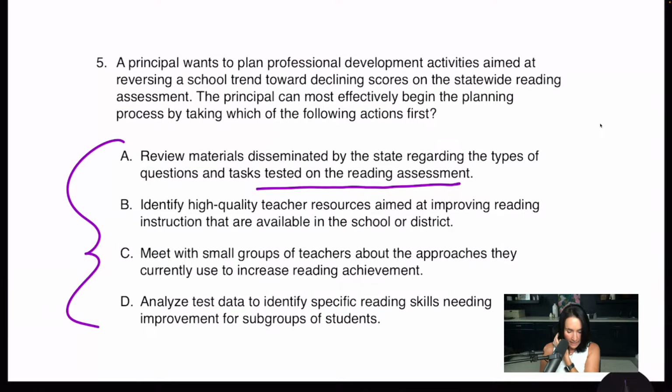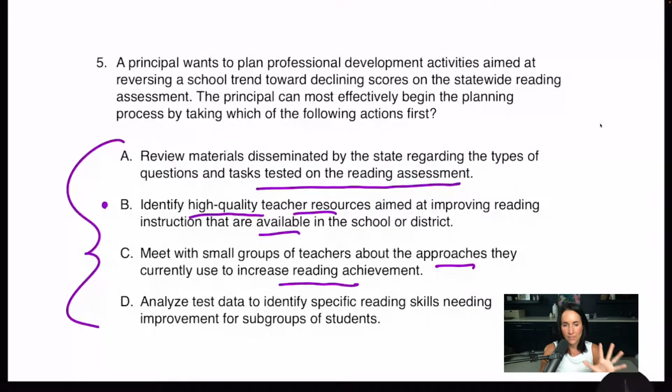B, identify high quality teacher resources aimed at improving reading instruction that are available in the school or district. Okay, I like high quality teacher resources and the availability. It's okay. I'm going to keep it. I'm not in love with it. Let's take a look at C, meet with a small group of teachers about approaches they currently use to increase reading achievement. Okay, another vague answer choice.